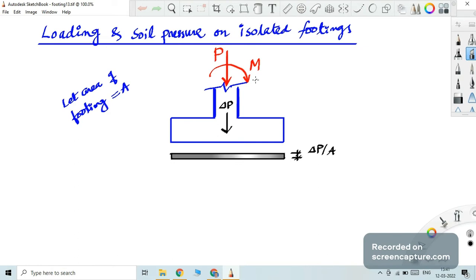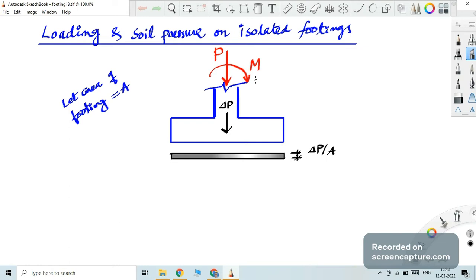And when we see the pressure exerted on the soil by the footing, delta P is a direct force, so the pressure will be P by A, so delta P by A. I have drawn a set of parallel lines to represent that delta P by A is constant throughout the width of the footing.